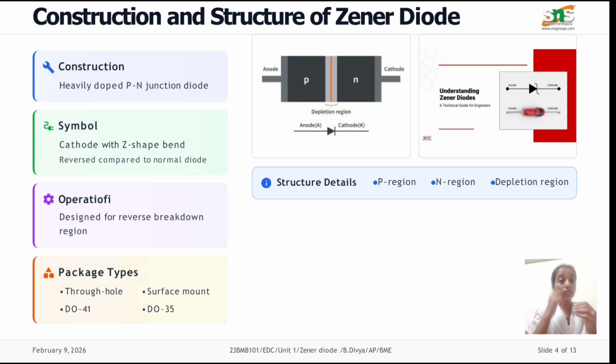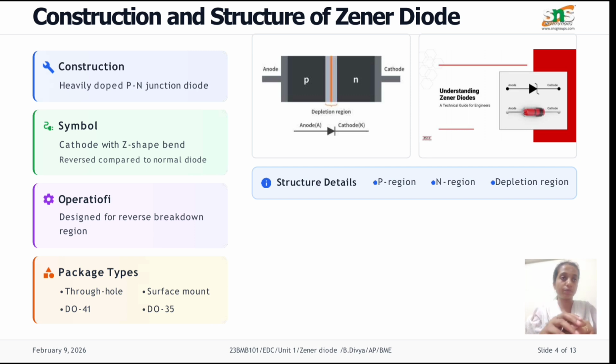Here, this Zener diode is a semiconductor device which contains p-type and n-type material, where p-type has a majority of holes and n-type has a majority of electrons. Here p-type is connected to the anode and n-type forms the cathode.